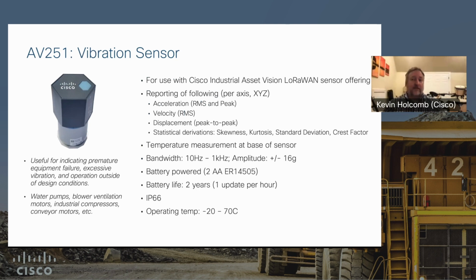Now, the cool thing about this sensor is, because remember, LoRaWAN is for small payloads, right? It's really low bandwidth. But vibration monitoring is actually quite complex, right? You're going to wake up and you're going to take a lot of measurements in the time domain, and then you have to convert that to something that is suitable to go over LoRaWAN, right?